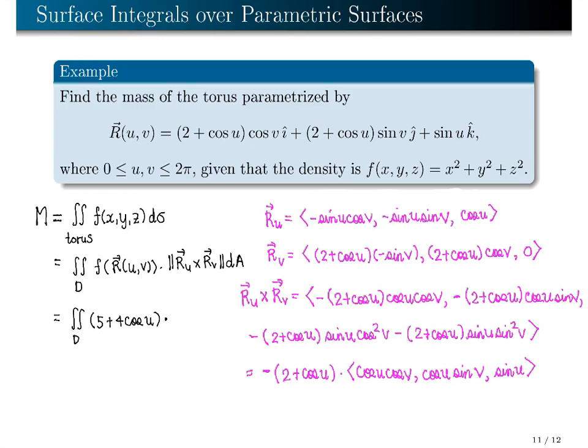This is because we can still factor out sine u in the third component here, leaving cosine squared v plus sine squared v, which reduces to 1.